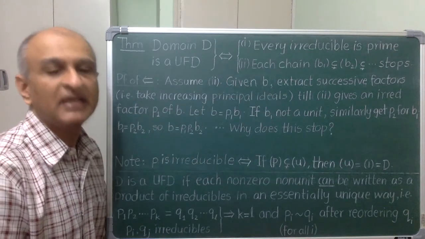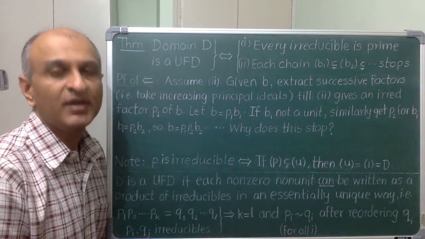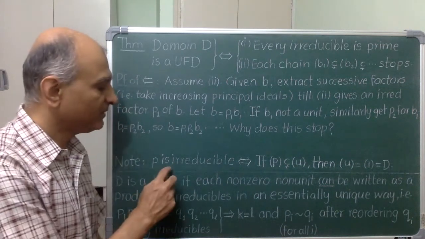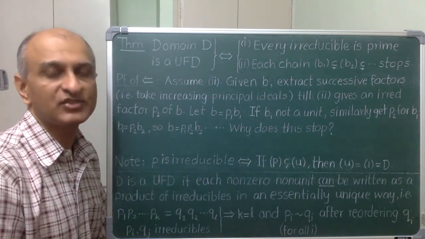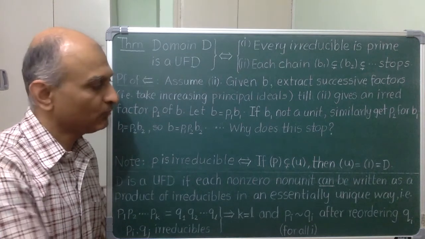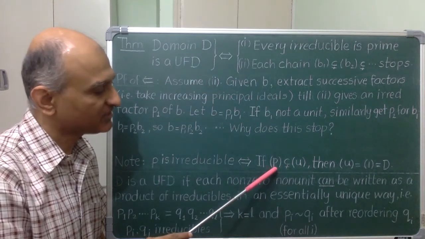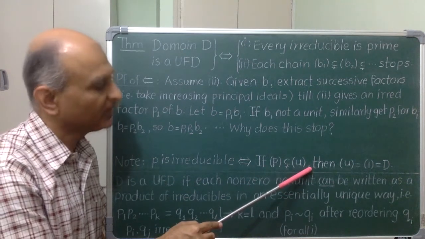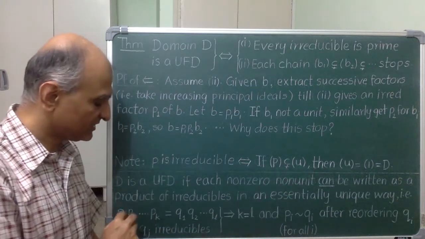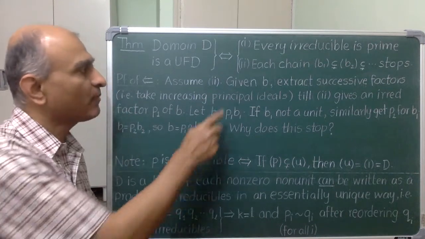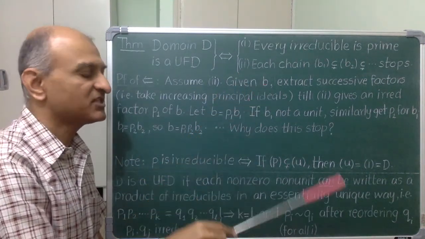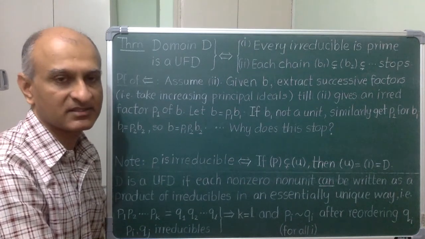Let's remember that having a proper factor means having a larger principal ideal. Now, P being irreducible means it has no proper factors. So, there is no larger principal ideal than this one unless it is the entire ring. Now, I want to show existence of factorization from condition 2. So, take an element B and start extracting successive factors.